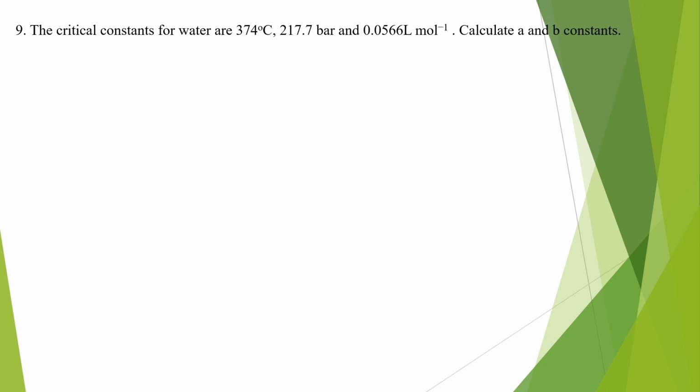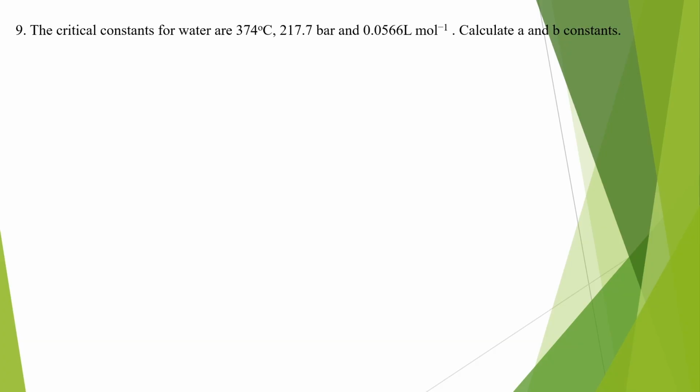Okay, this was problem number 8. Next we move to problem number 9. It says the critical constants for water are 374 degrees Celsius, 217.7 bar and 0.0566 liter per mole. So Tc is given, Pc is given, Vc is given. Calculate a and b constants.